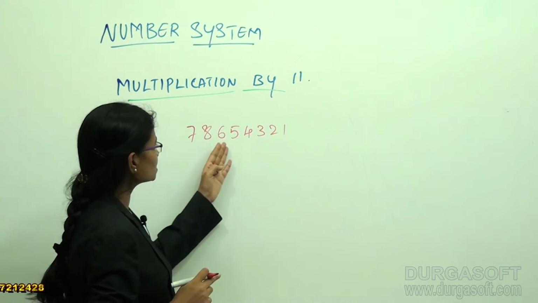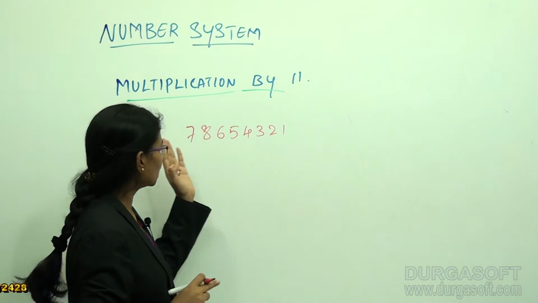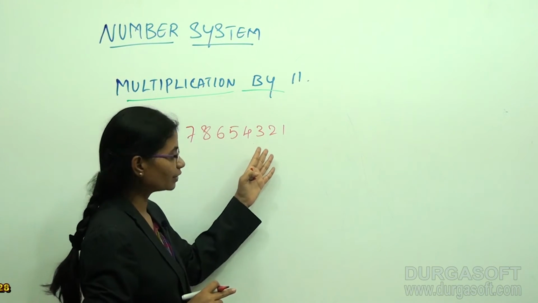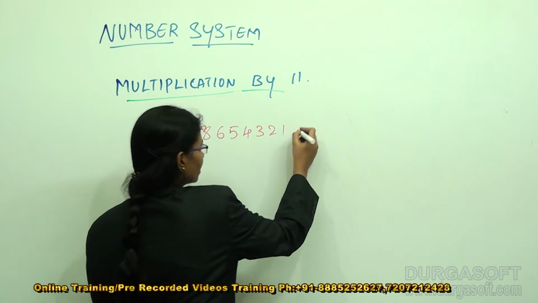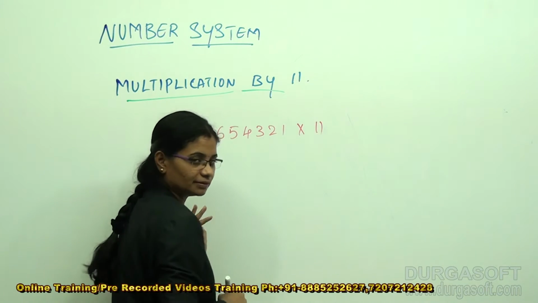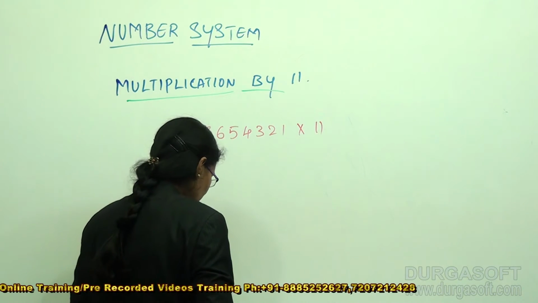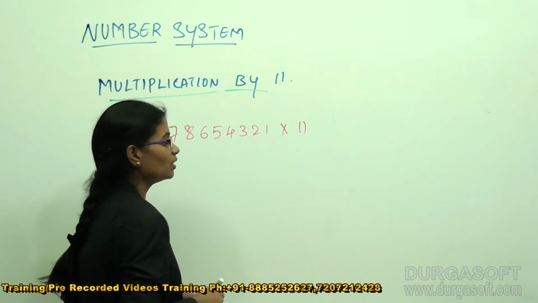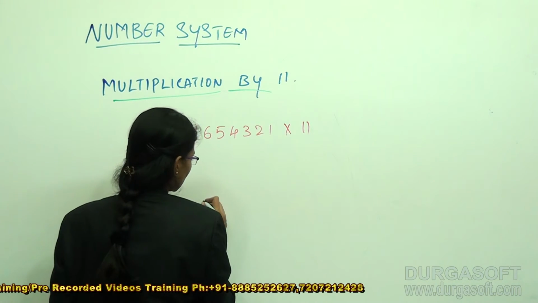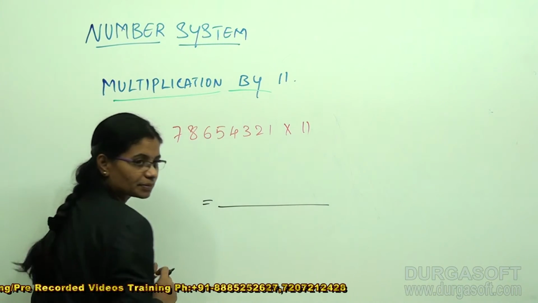Let's see what result we are going to get if this number is multiplied by 11, right? If you multiply that whole number with 11, it will take lots of time. To avoid that, we will get the answer in a single step. Let's see how.